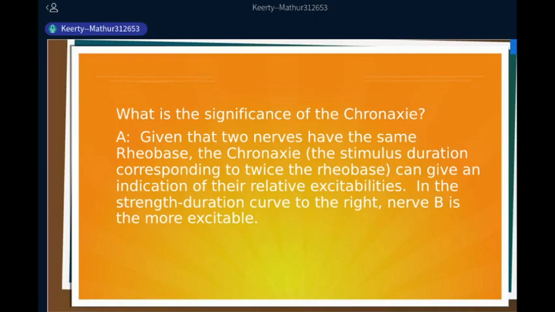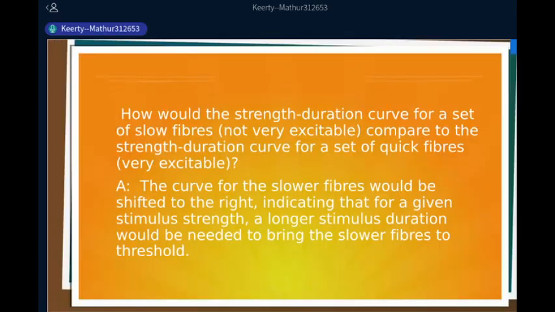And then what is the significance of Chronaxie? For example, we are comparing two nerves. Given that two nerves have the same Rheobase, the chronaxie can give an indication of their relative excitabilities. In the SD curve to the right, nerve B is the more excitable nerve. Then how would the SD curve for a set of slow fibers compare to the SD curve for a set of quick fibers?